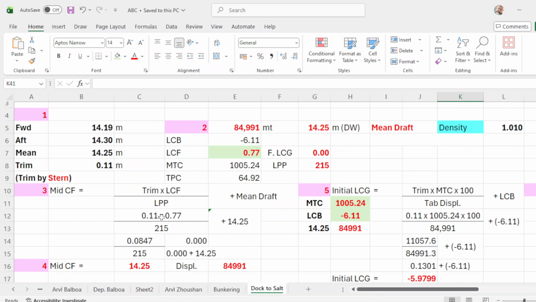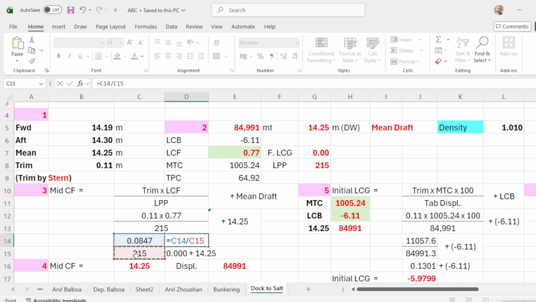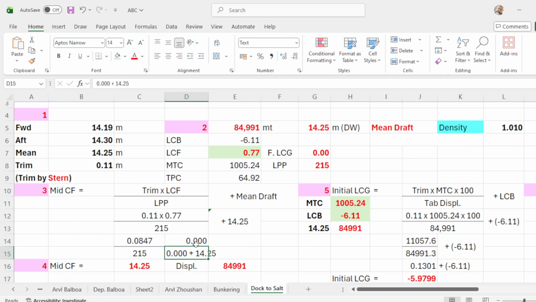So you multiply this one, that will be 0.0847 over LPP plus 14.25, your mean drop. So divide this one, that will be 0. Okay, see, equals, click this one, divide by your LPP, that will be 0.